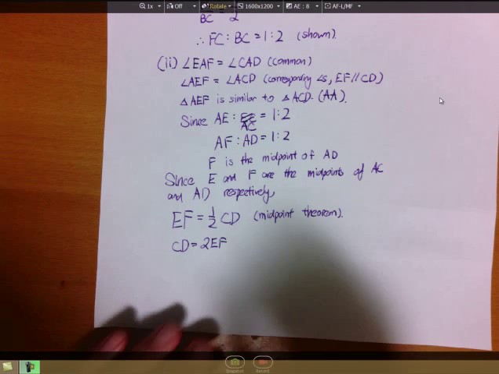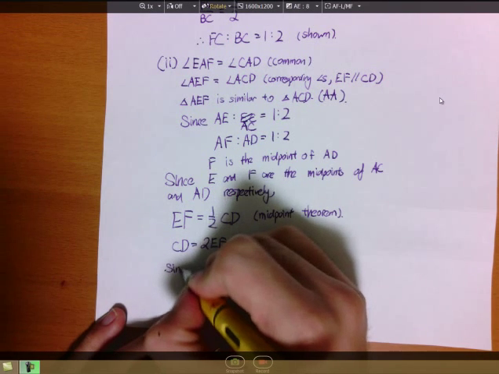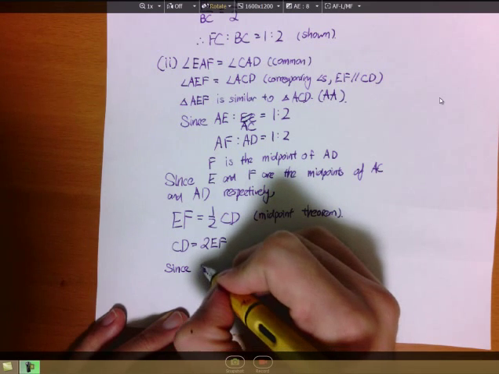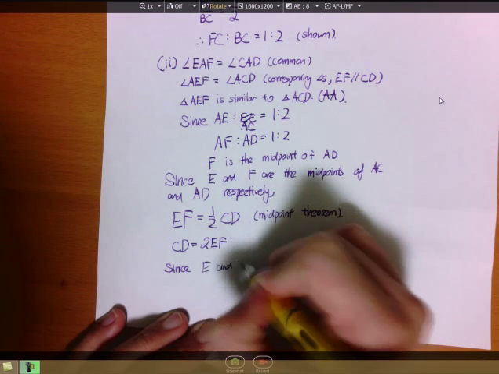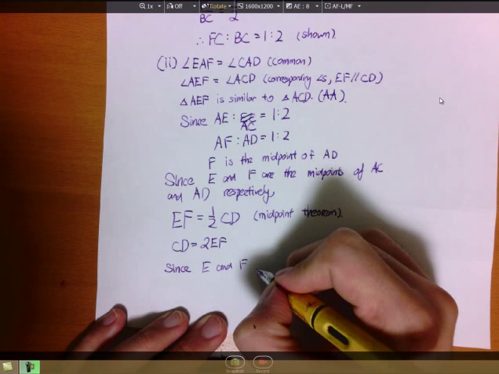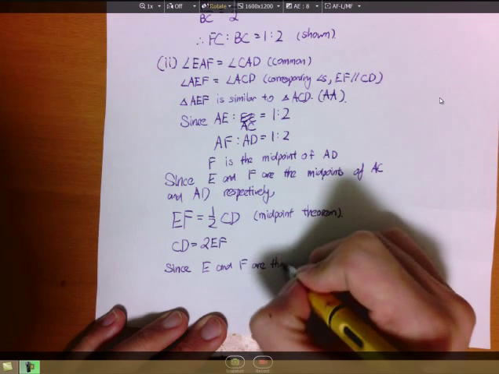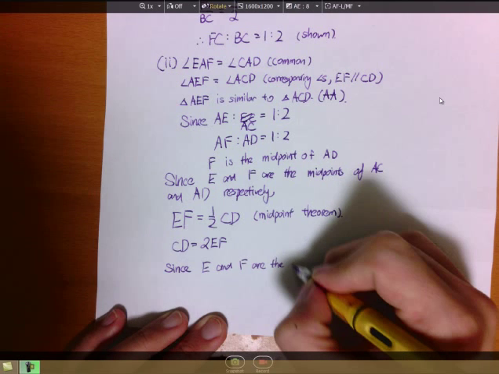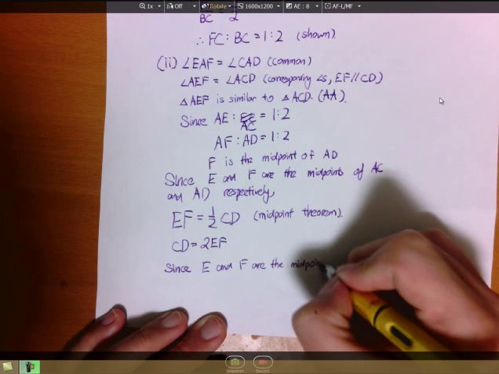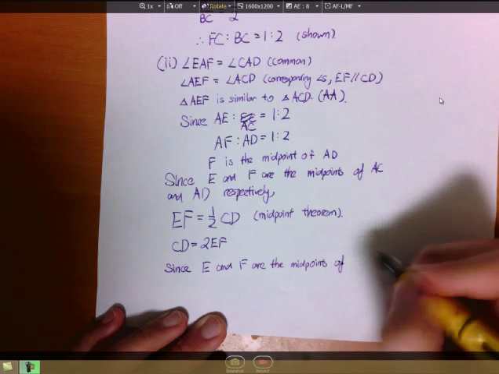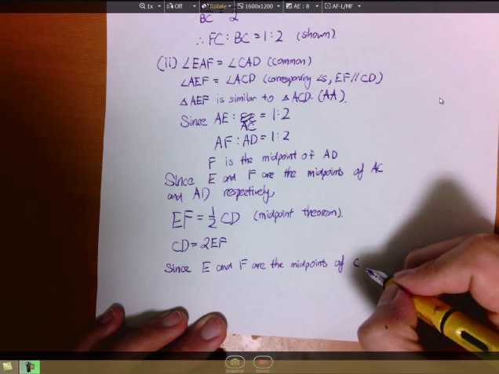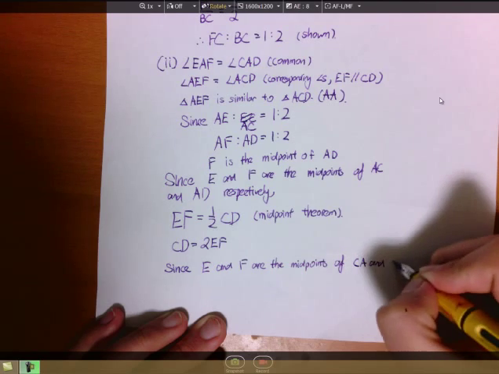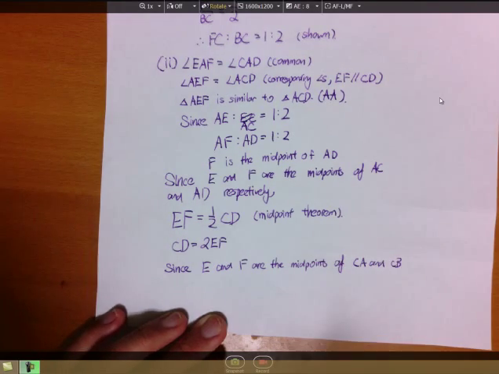Then I can also say that since E and F are the midpoints of CA and CB, basically right now I'm looking at it from the other side.